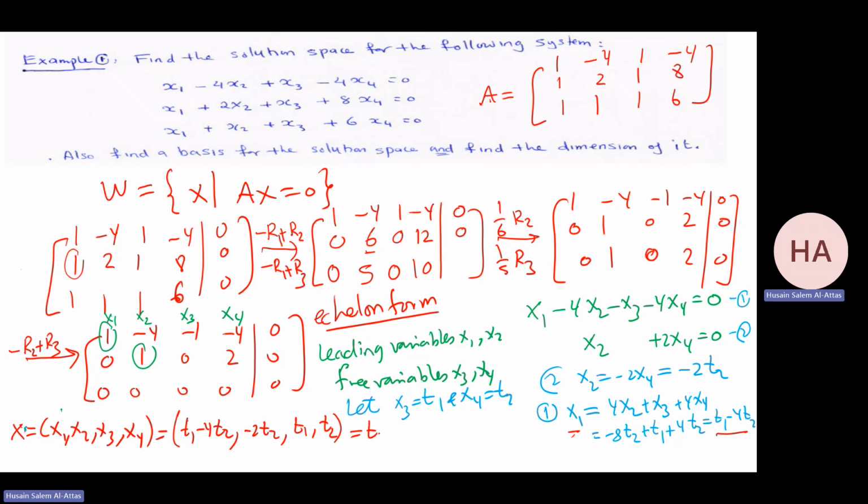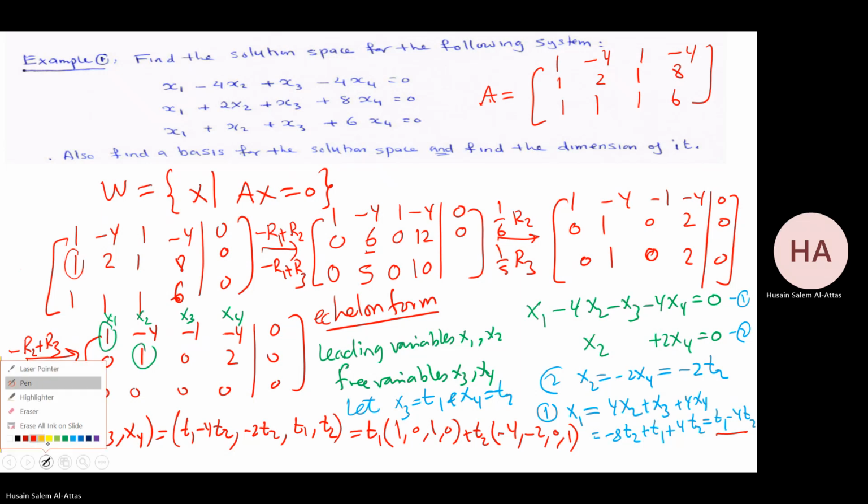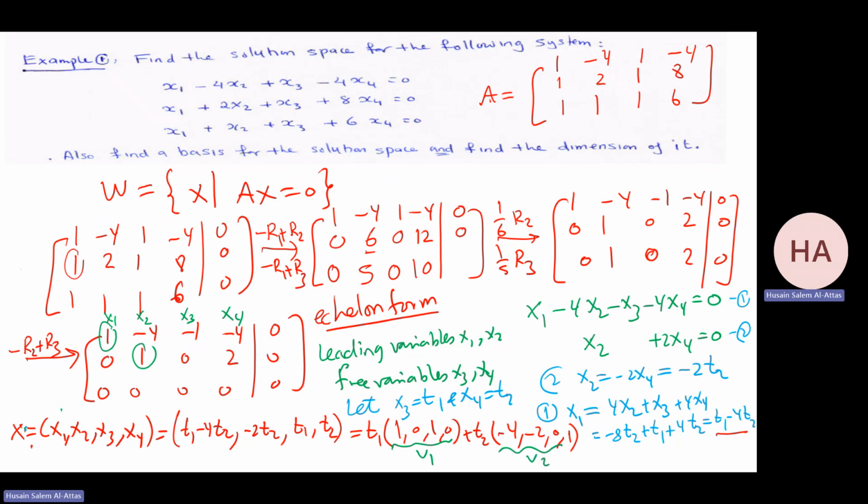Now I take t1 common factor. What I will have? 1, 0, 1, 0. Take t2 common factor. What you will have? Minus 4, minus 2, 0, 1. This is V1, and this is V2.